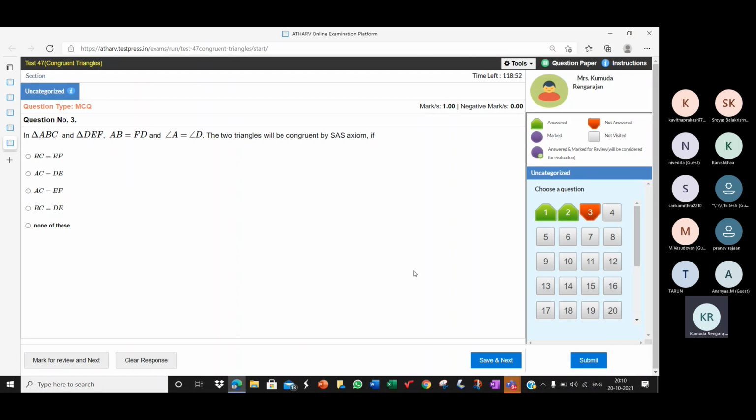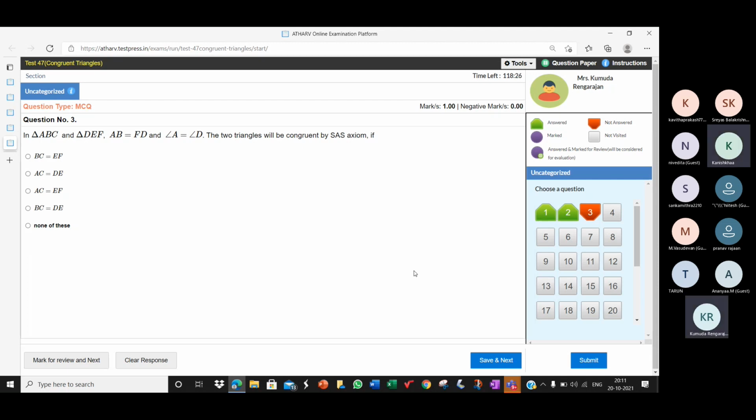AB is equal to FD in triangle ABC and DEF. You need to draw a figure, draw two triangles, call them ABC and DEF, and then answer this.